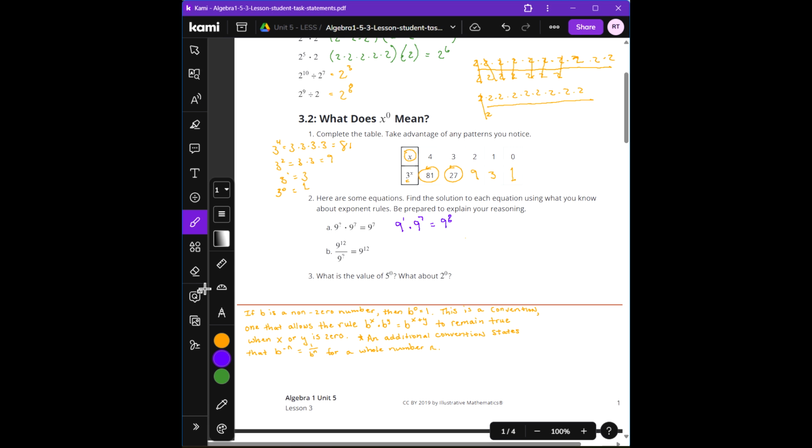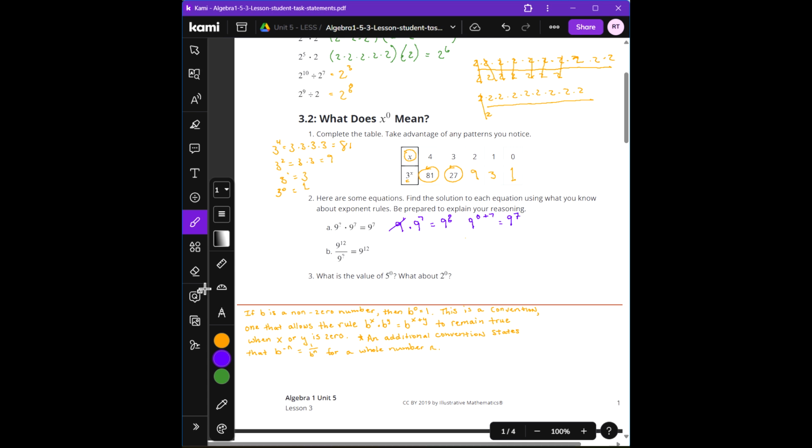So it can't be 1. The only thing that really makes sense in this situation is going to be 9 to the 0, plus 7, because remember we're adding those, is equal to 9 to the 7th.